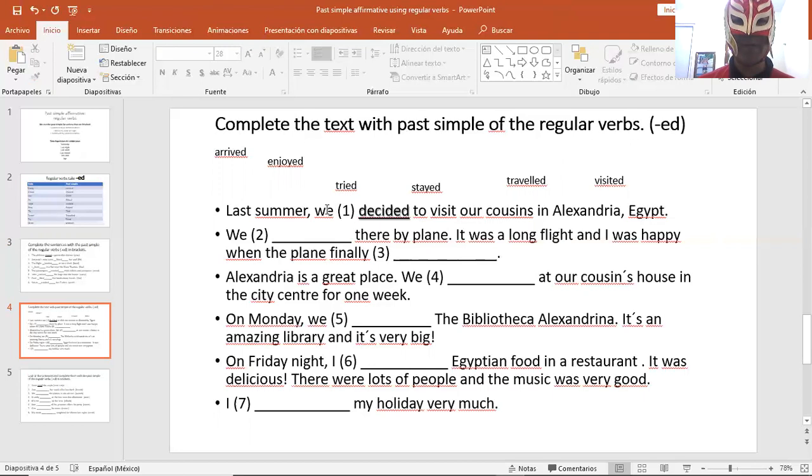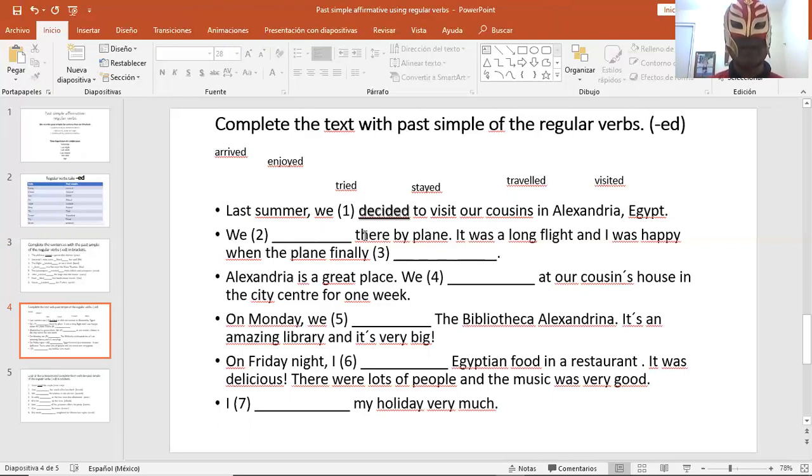Last summer, we decided to visit our cousins in Alexandria, Egypt. El verano pasado, nosotros decidimos visitar a nuestros primos en Alexandria, Egipto. Number two, we there by plane. Nosotros allí por avión.